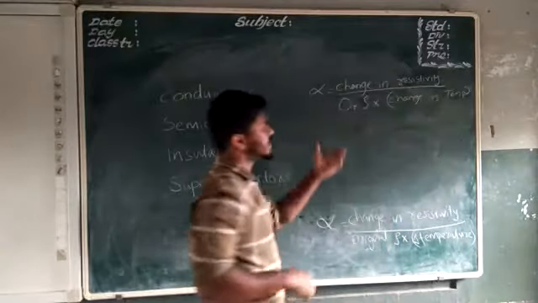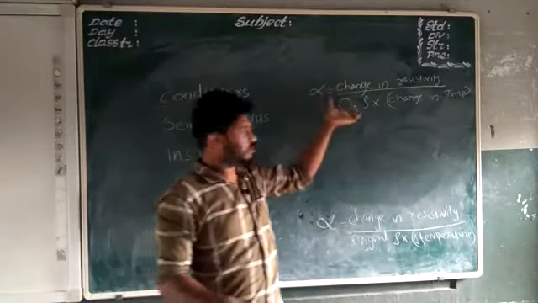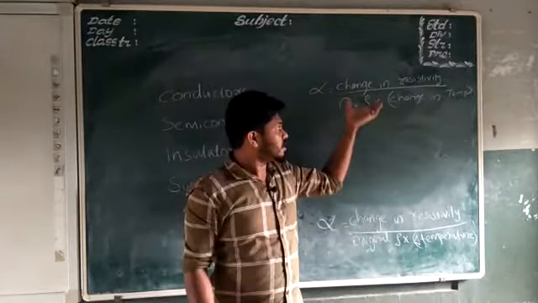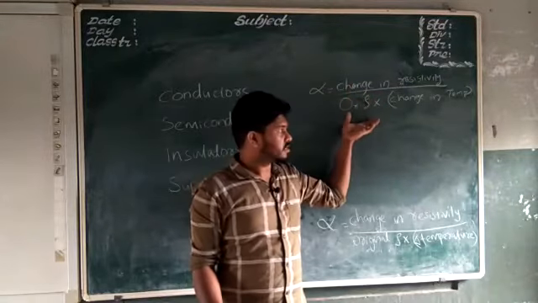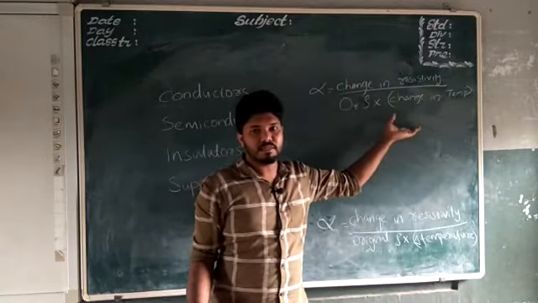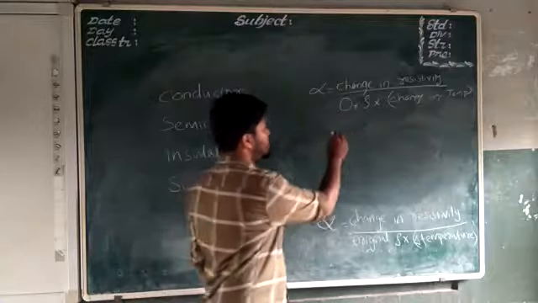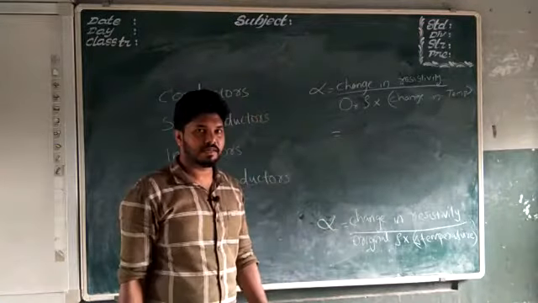So alpha is defined as the ratio of the change in resistivity to the original resistivity and the change in temperature.